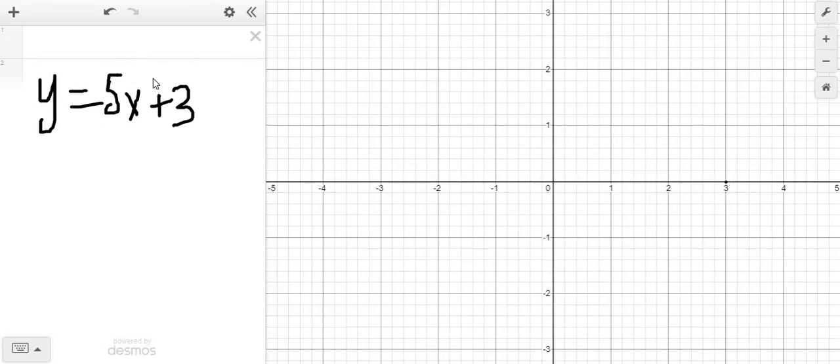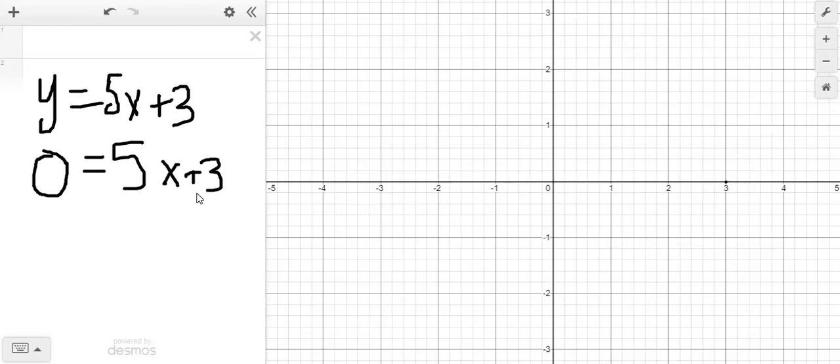So now the question is, why is this the x-intercept? We have to find the x-intercept, okay? So let's find the x-intercept. We would just have to substitute y as 0, okay? So we would substitute y as 0, so 0 equals 5x plus 3. And then we just have to subtract 3 from both sides. Okay?